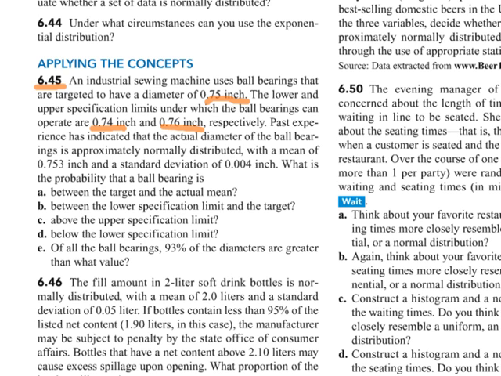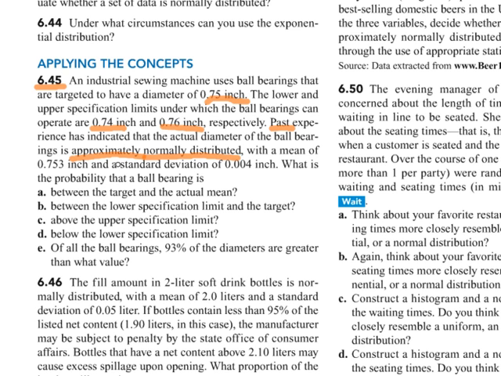Now, past experience, we get into the statement about the normal distribution. Past experience has indicated the actual diameter of the ball bearings is approximately normal. So we get our normal distribution from this statement right here, approximately normally distributed. That's how we know it's the normal distribution.